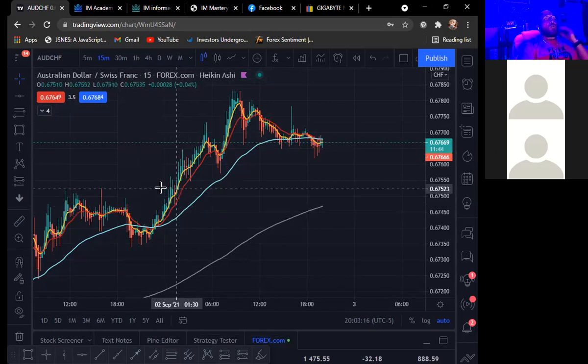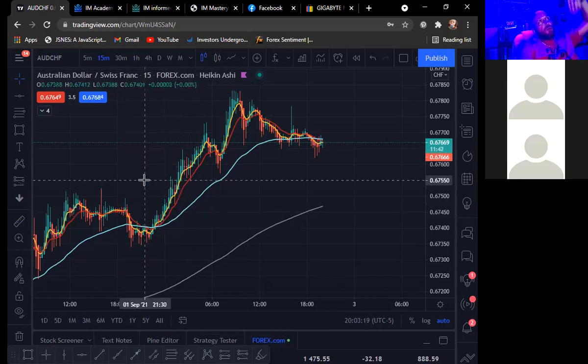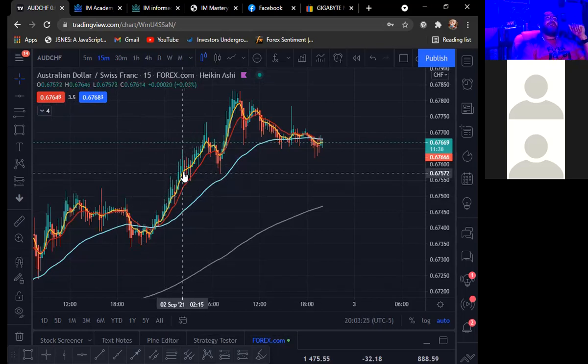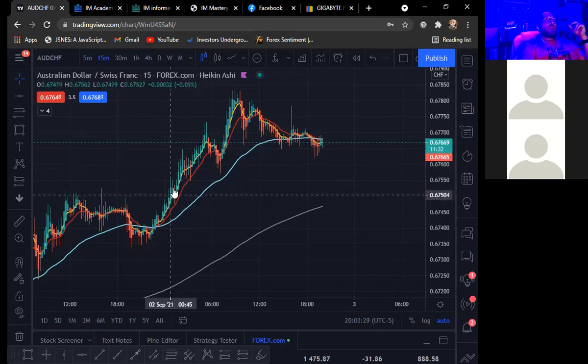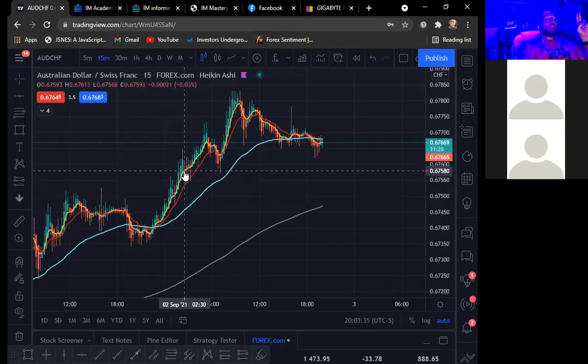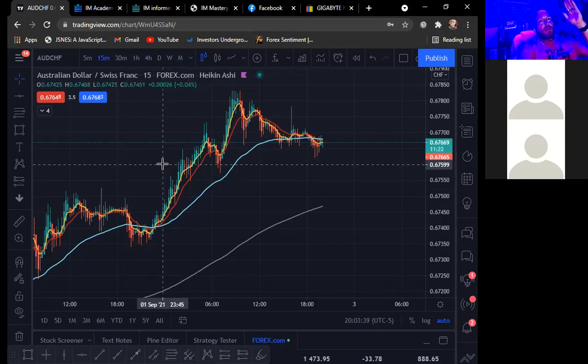Here we're going to take a bearish trade, a sell. We're going down. If the yellow is above the red, we're not taking the trade. We're looking for the yellow to cross through the red and be pointed down.